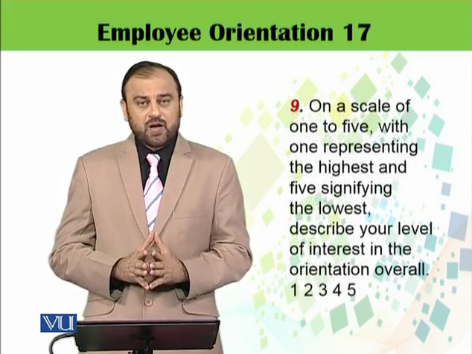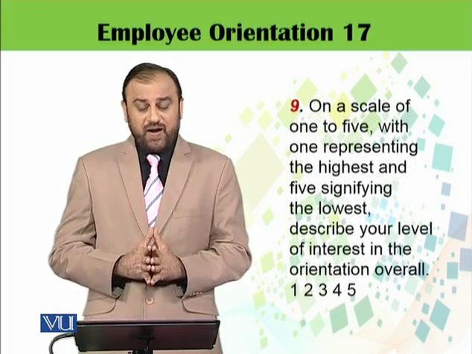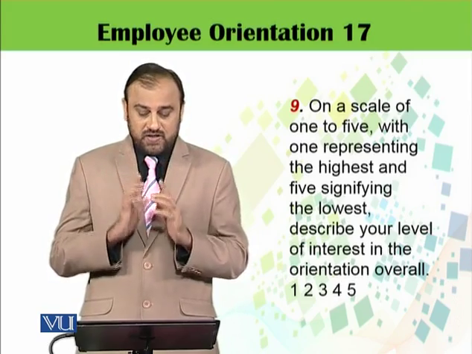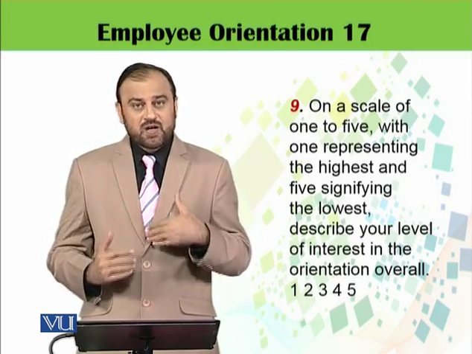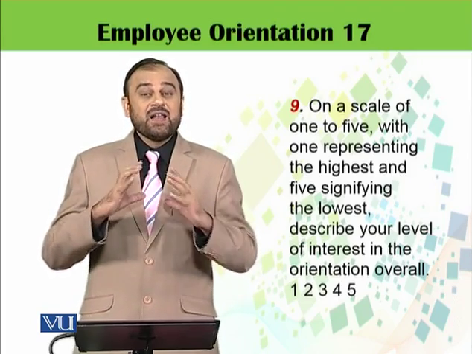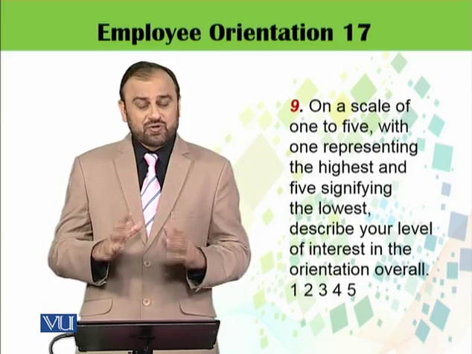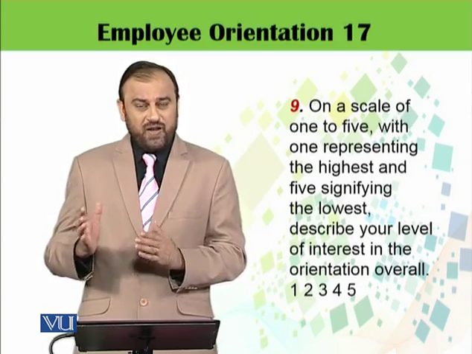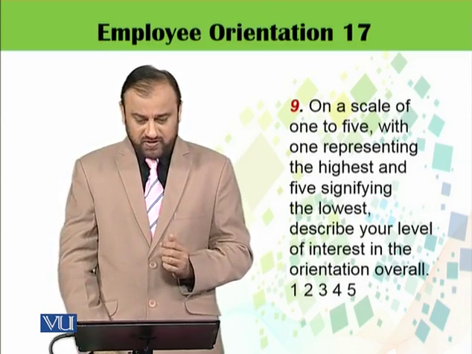And number 9: on a scale of 1 to 5, with 1 representing the highest and 5 signifying the lowest, describe your level of interest in the orientation overall. Here you are asking about the overall level of interest in the employee orientation program, so on a scale of 1, 2, 3, 4, 5, you have to mention your rating.